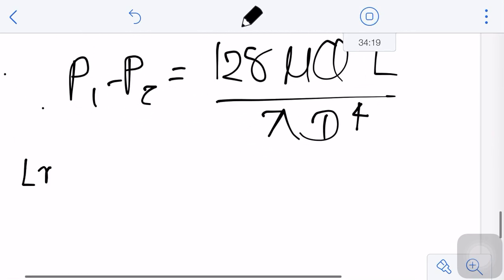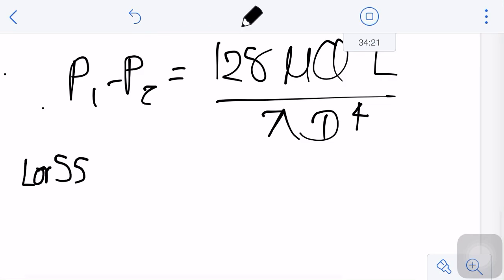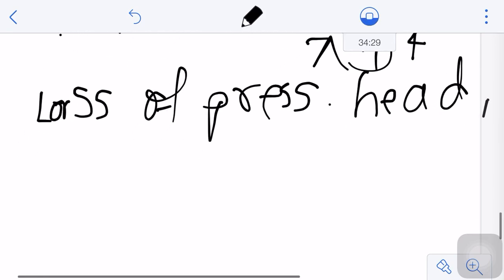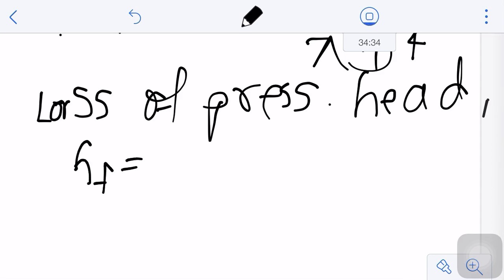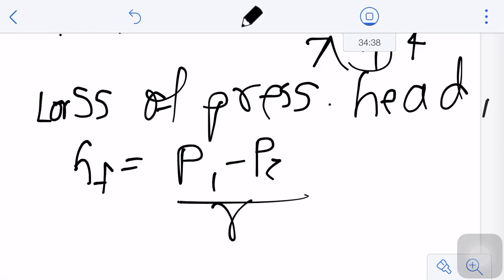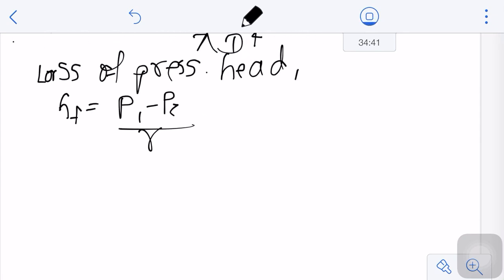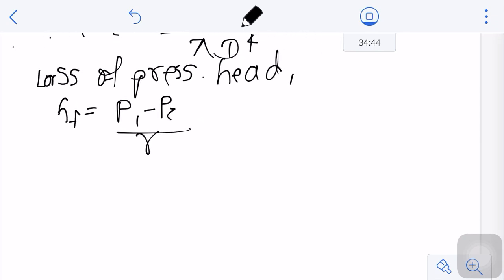So the loss of pressure head is given by HF is equals to P1 minus P2 divided by gamma, because according to Bernoulli's law, this loss of pressure head is always in terms of specific weight gamma.